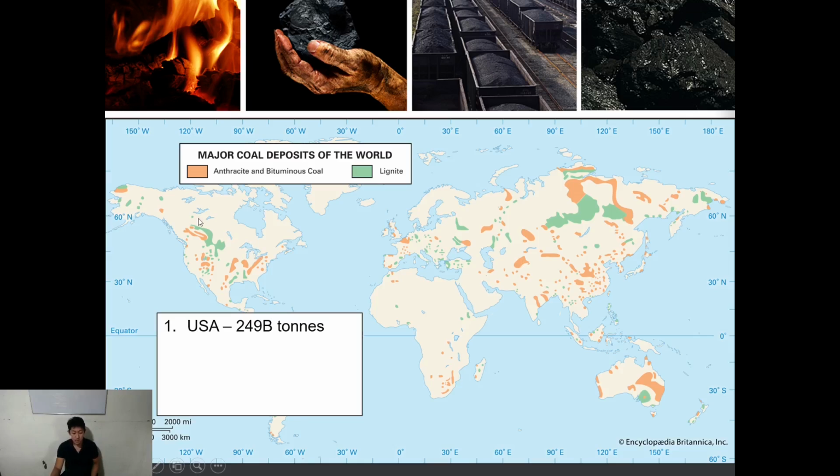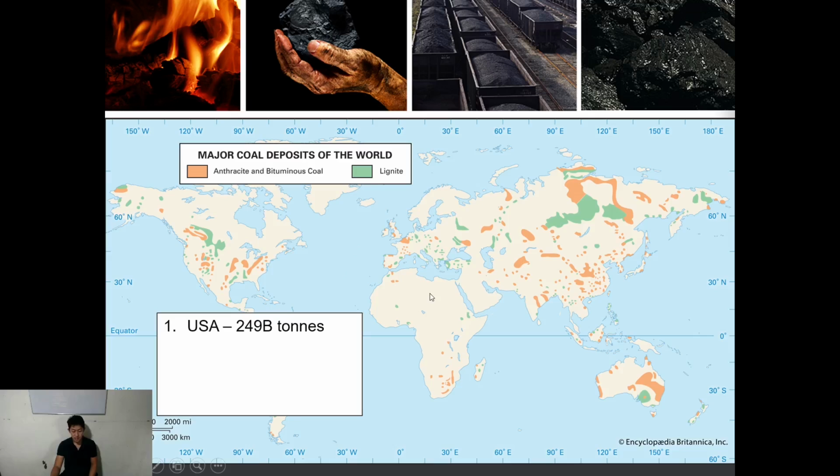So this is the USA, and this one is the Philippines. USA has the largest coal deposit in the world. The orange here is anthracite and bituminous coal. These are types, grades or ranks of coal. Lignite is the lower class of coal.